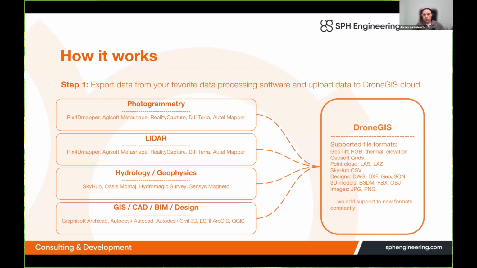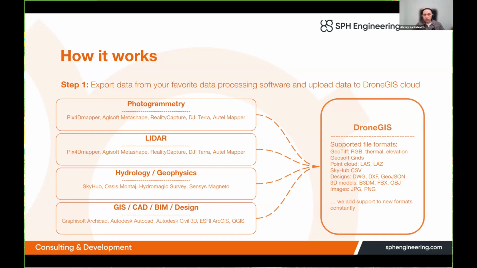So all these various data types like orthomosaics, digital elevation models, point clouds, various types of depth maps, heat maps, vector data, annotations. Actually, they come from very different types of software.